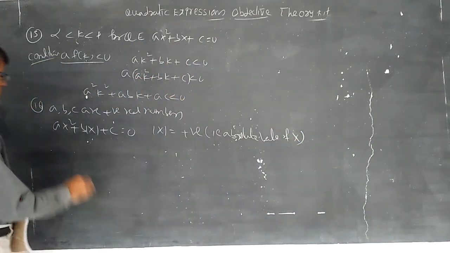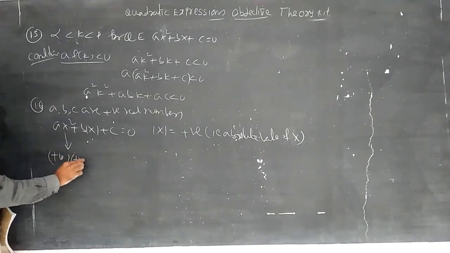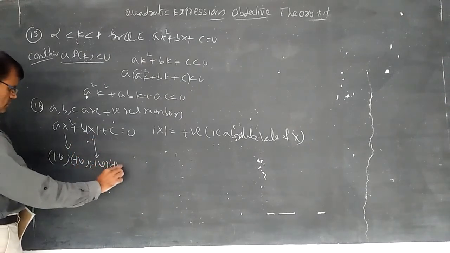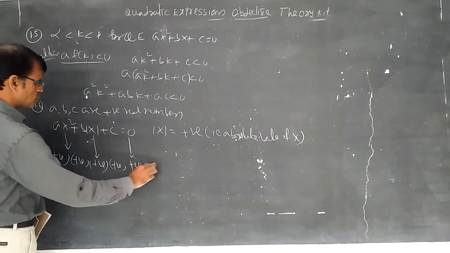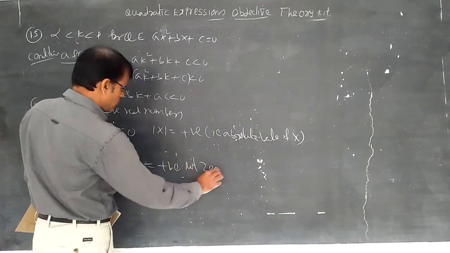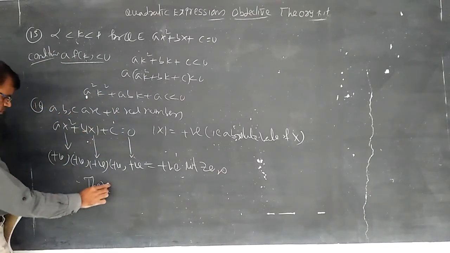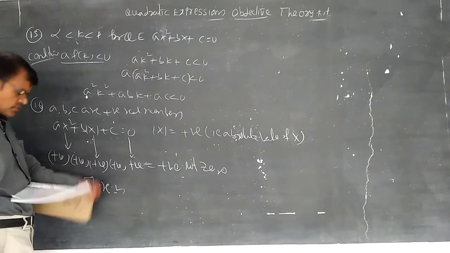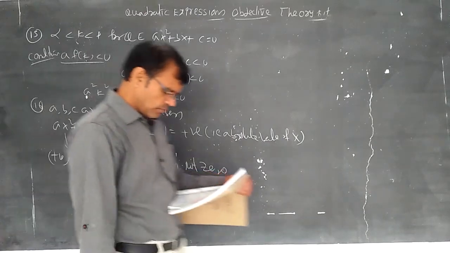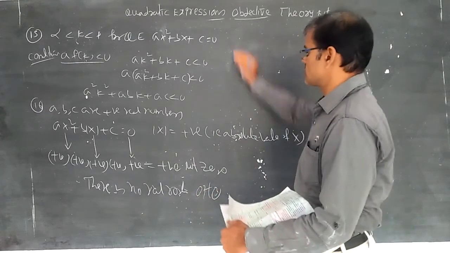Then a, b, c are given positive. So positive into positive plus positive into positive, plus c which is positive. Positive plus positive becomes positive, not 0. Whenever it is not 0, the equation cannot hold, so there are no real roots. The number of real roots is equal to 0. Option 3.